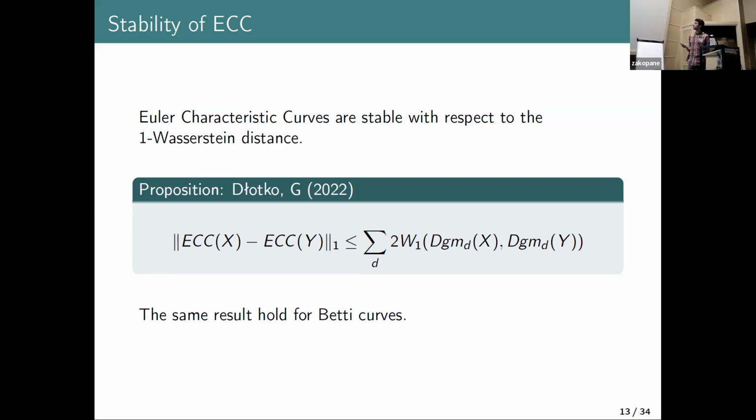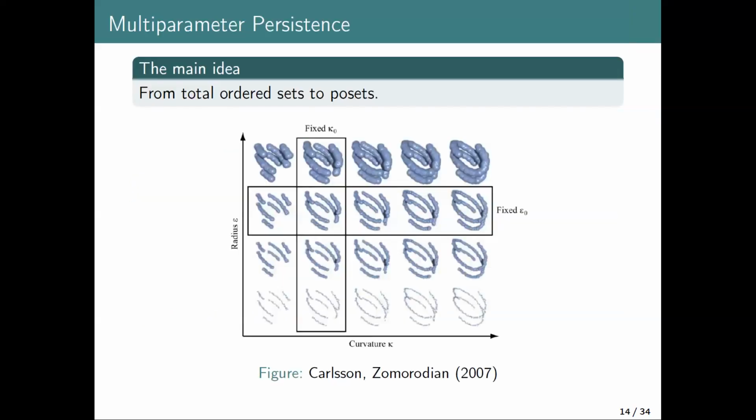Okay, so that was some theoretical introduction. Now the fun part. Probably this is a new concept in this couple of days. What if we go into the multi-parameter persistence setting?